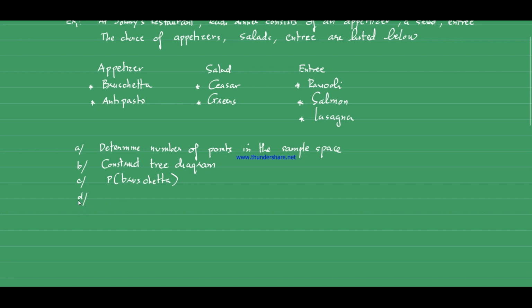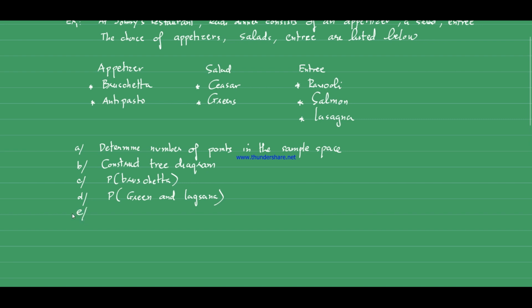Then part D, we want to find the probability that the customer selects green salad and lasagna.